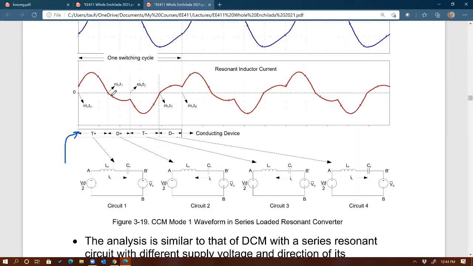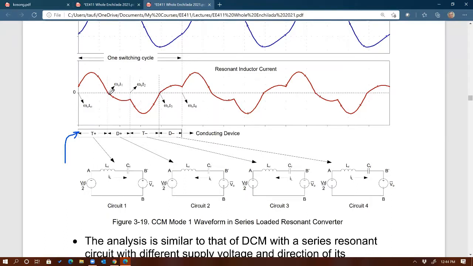And look here: before we allow the inductor to discharge itself to 0, we turn on the next switch. That's totally different from DCM. Remember in DCM, we allow the inductor to fully discharge until it goes to 0, then we wait, and then we turn on the other switch. Here, we don't wait.